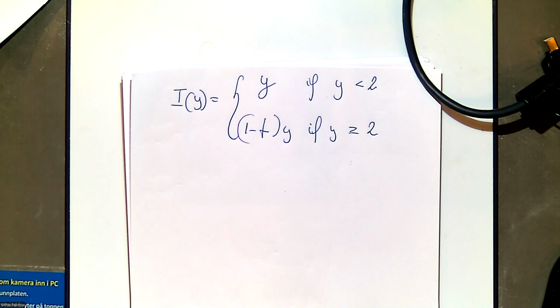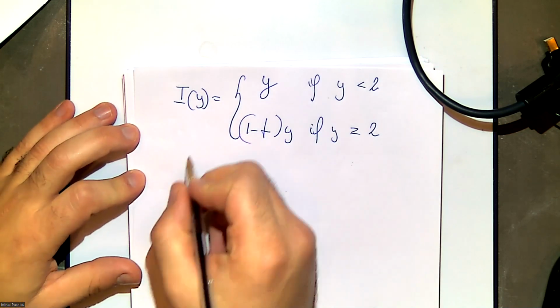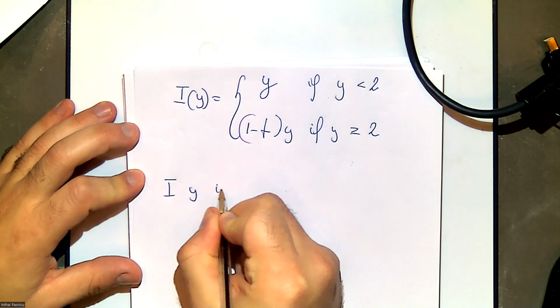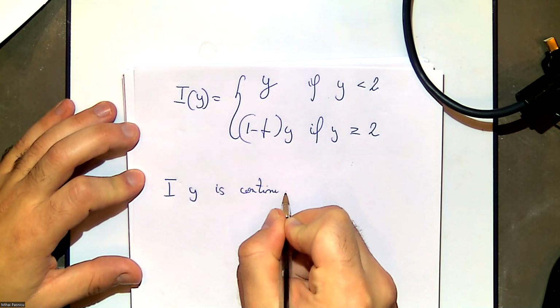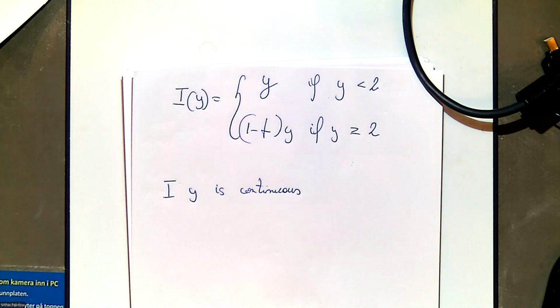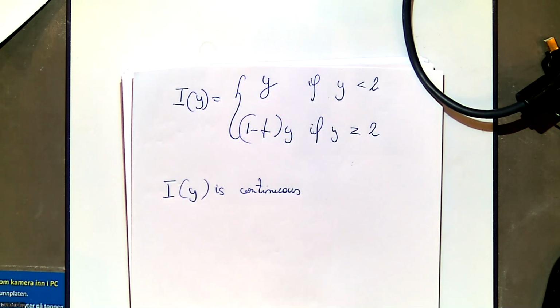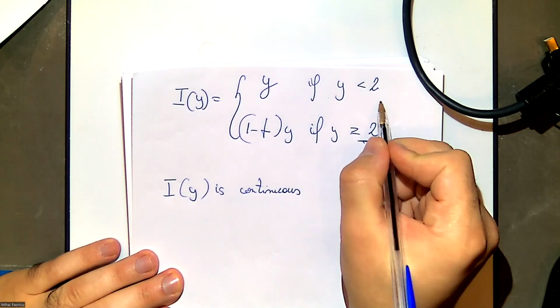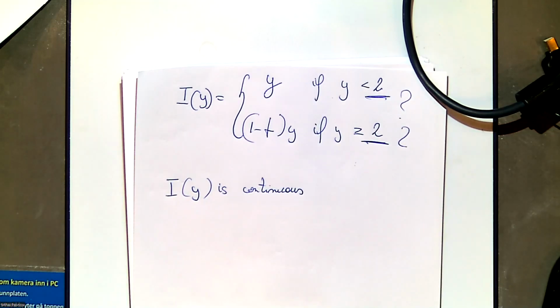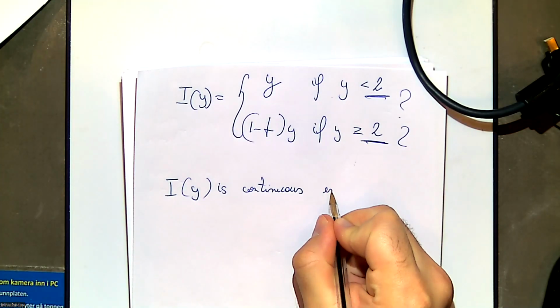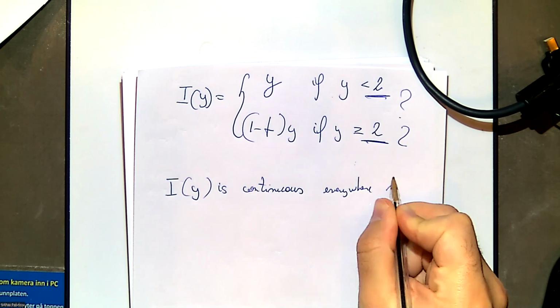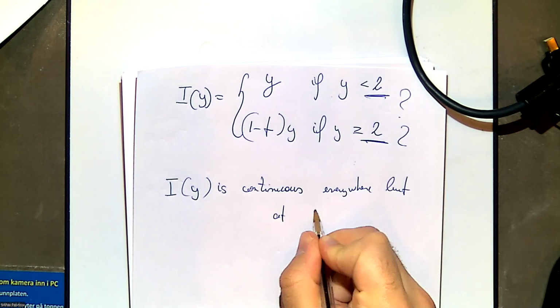So I'm going to say that I of y is continuous, and you don't need to prove it, for everything outside of 2. Okay, 2 is the problem. I just don't know if it's continuous at 2. I don't know how this function looks. So I of y is continuous everywhere but at 2.